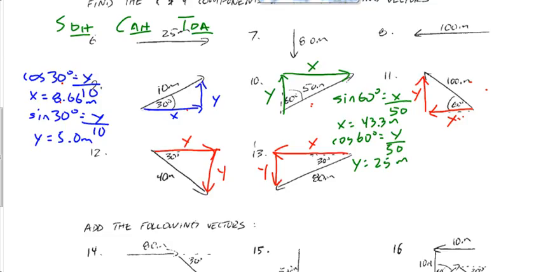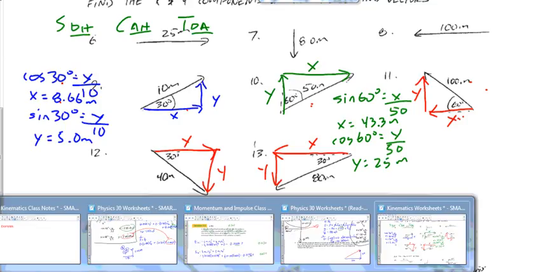All right. So what happens now if we put that together with the quiz that we did and the questions that we did over the last couple of days? In other words, what happens if we have a question like this? Maybe we're walking 10 meters to the east. Maybe we're walking 5 meters to the south.